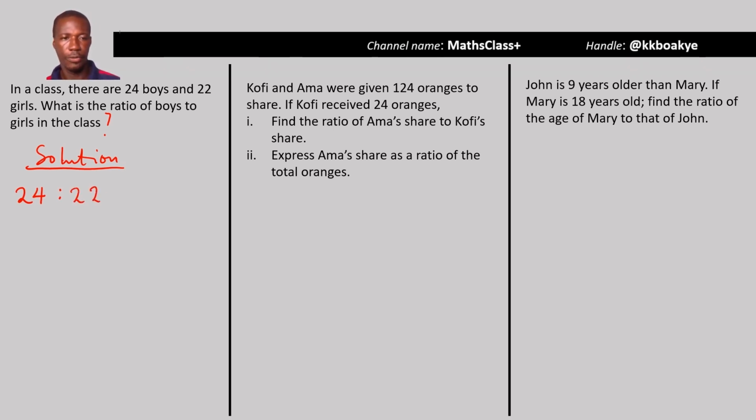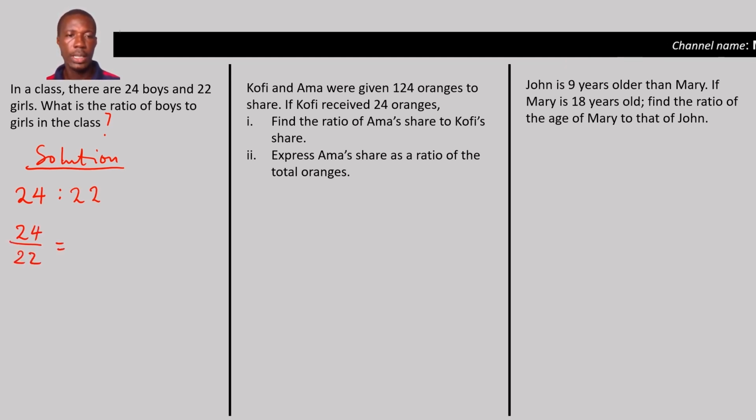So there are 24 boys to 22 girls. And when we simplify 24 to 22, we get 12 out of 11. And so our ratio of boys to girls is 12 is to 11. No units attached.